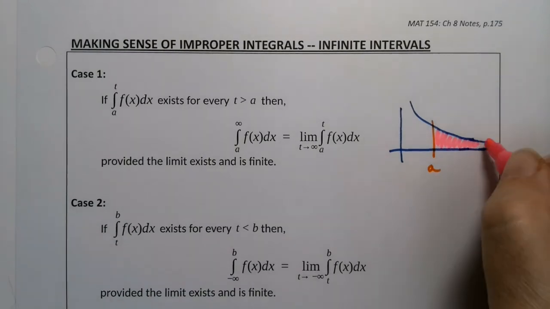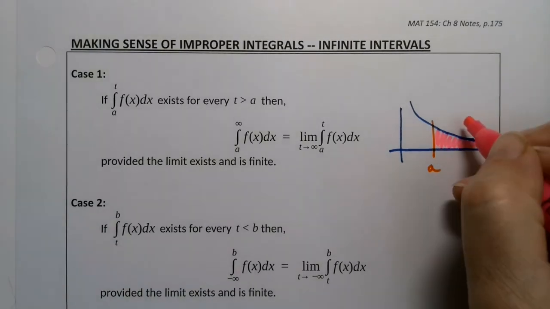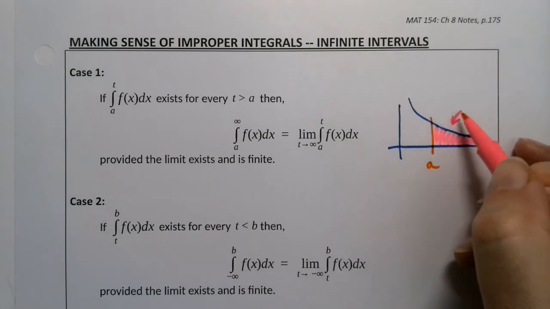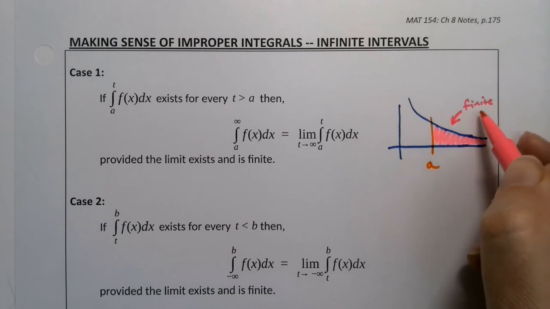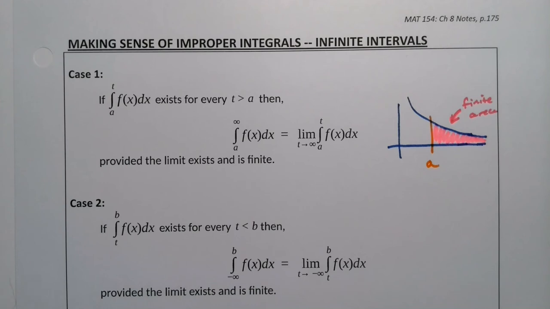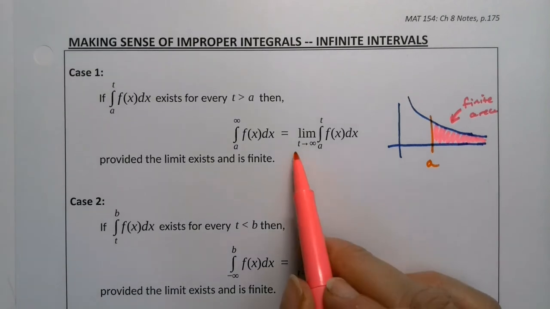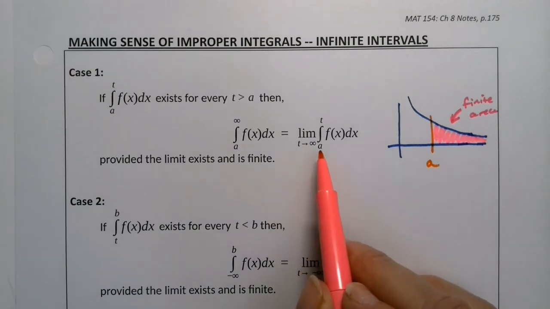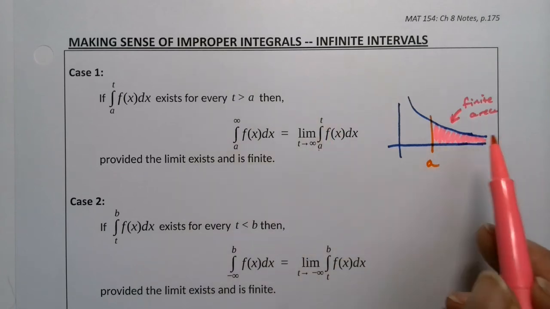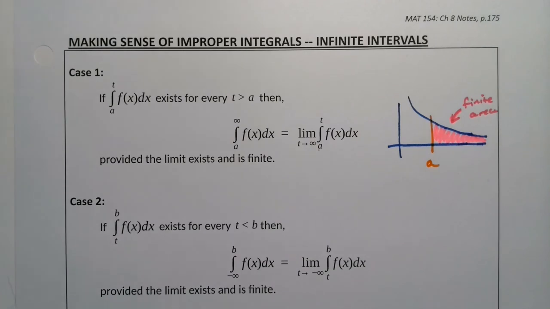So we had a finite area in here. Okay, so that's what we're talking about here. We're taking the limit as t goes to infinity of the integral from a to t. So you're letting t get larger and larger, and you're finding the area.